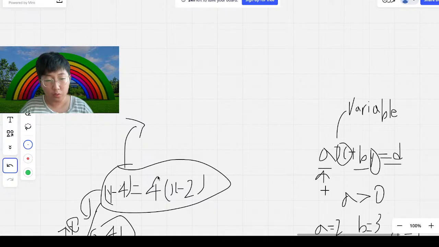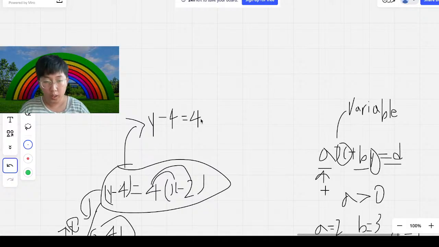We expand this 4, so we have y minus 4 is equal to 4 times x, which gives us 4x, and then 4 times this negative 2, so the negative comes out, and 4 times 2 is 8.